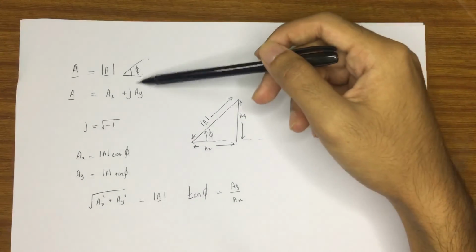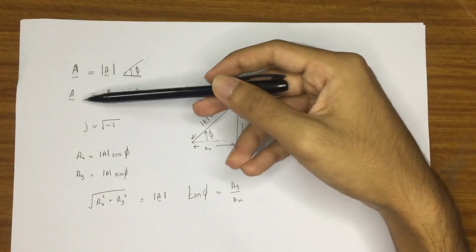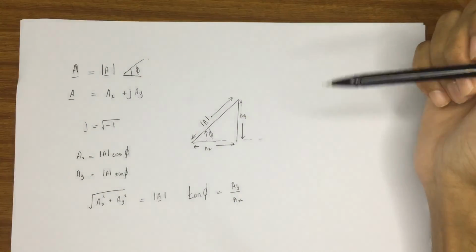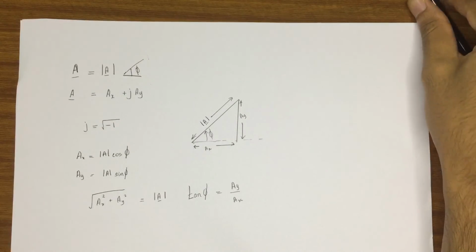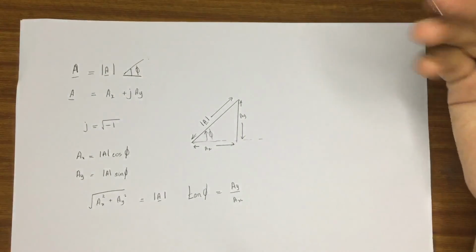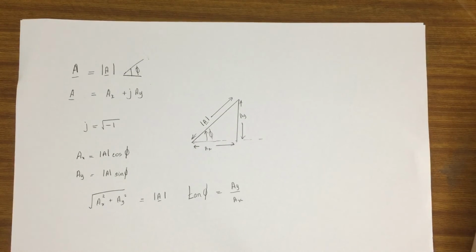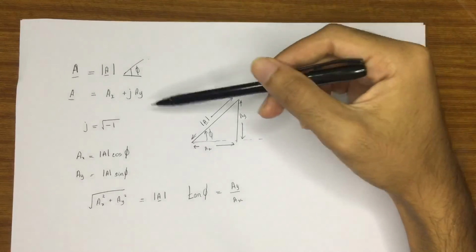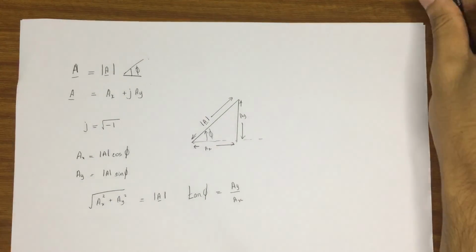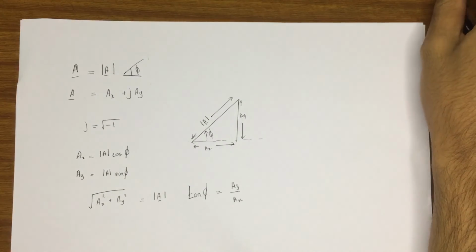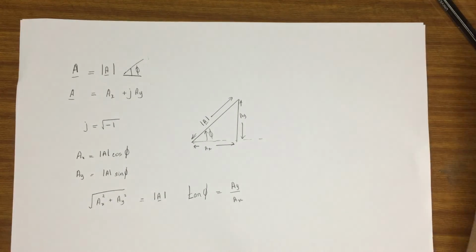Also, they can ask to change the component from Cartesian form to polar form. So you need to know what they are, and these are the two different methods to show what the phasor is like. There are many methods, but here we are looking at these two basic and main methods normally used by all.